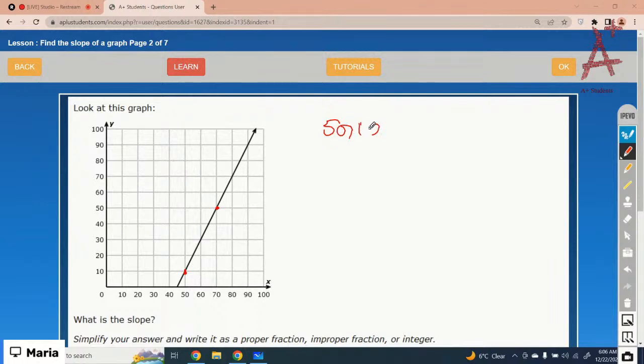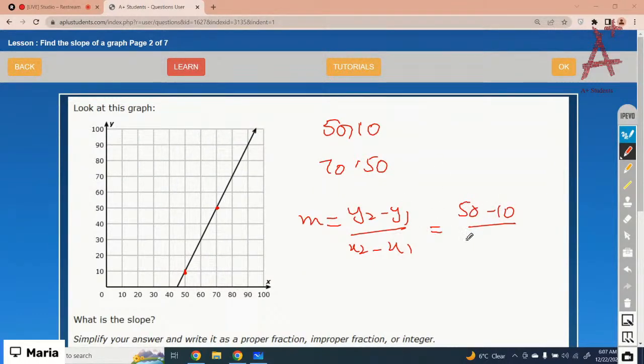The coordinates are 50 and 10, and the coordinates for this one are 70 and 50. Got it? So the formula is m equals y2 minus y1 divided by x2 minus x1. Got it? So it is 50 minus 10 and 70 minus 50. Got it? So 50 minus 10 is 40 and 70 minus 50 is 20.